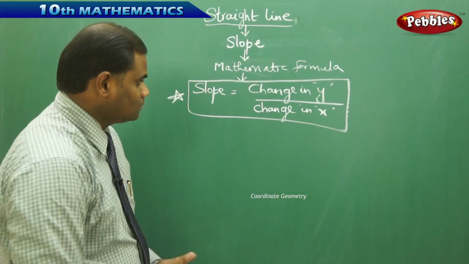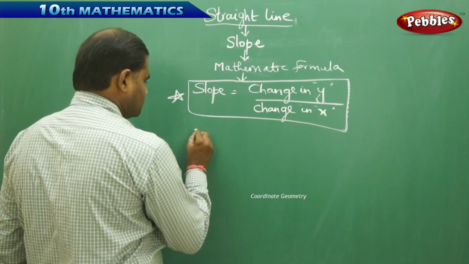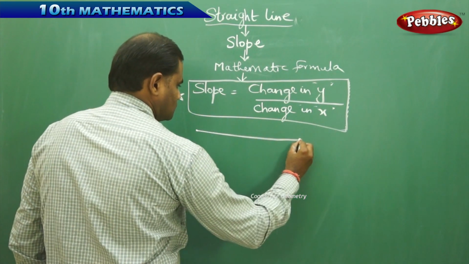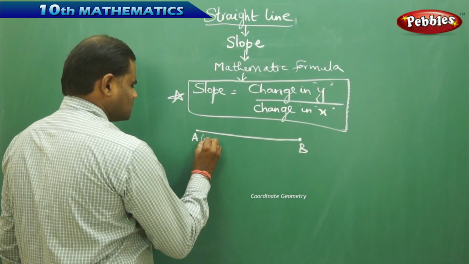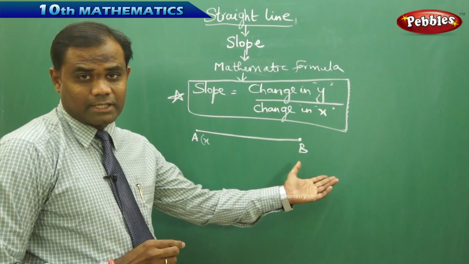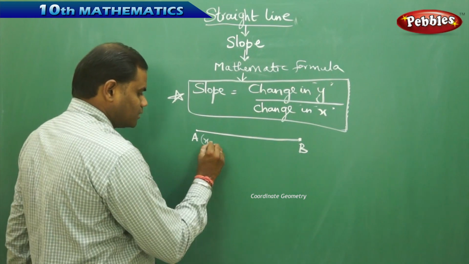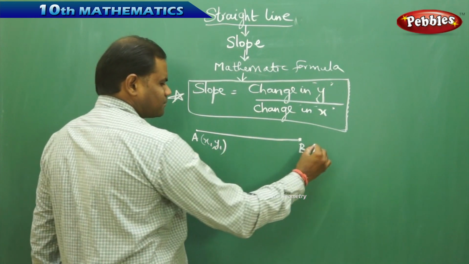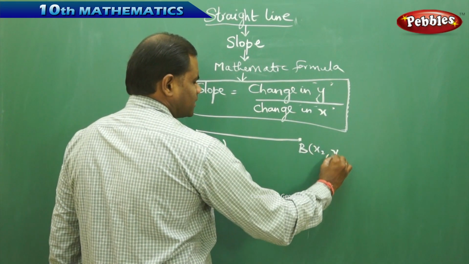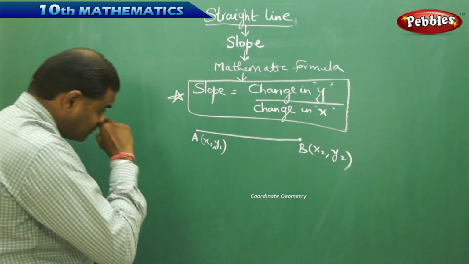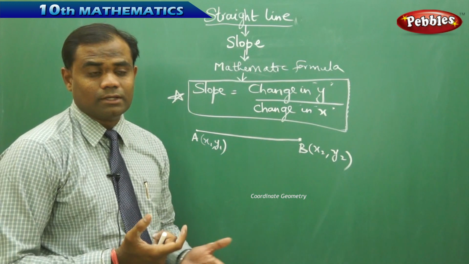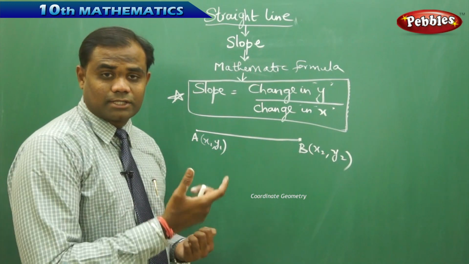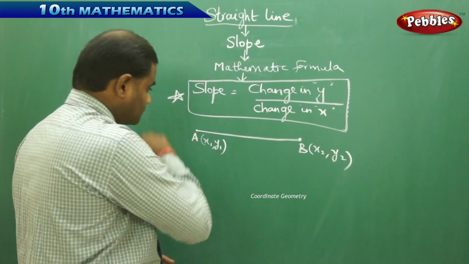Next. So therefore, if I have a line with 2 points A and B connected, where the coordinates of A are x1, y1 and the coordinates of B are x2, y2, then my change in y would be y2 minus y1 and change in x would be x2 minus x1, or x1 minus x2 respectively.